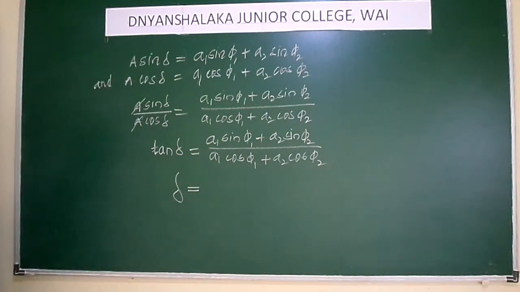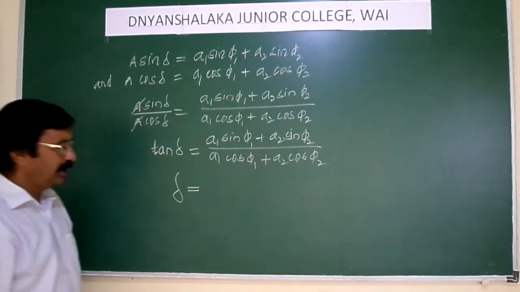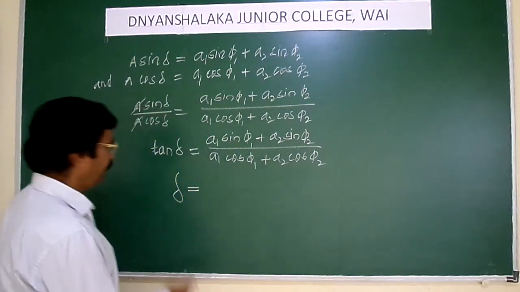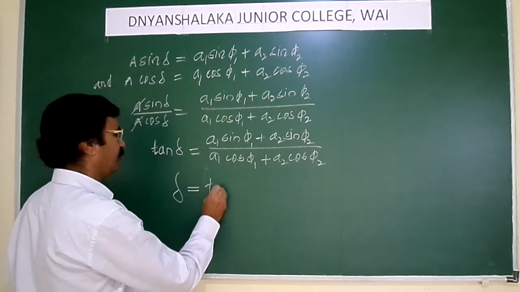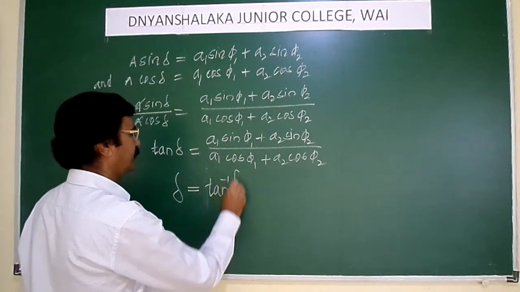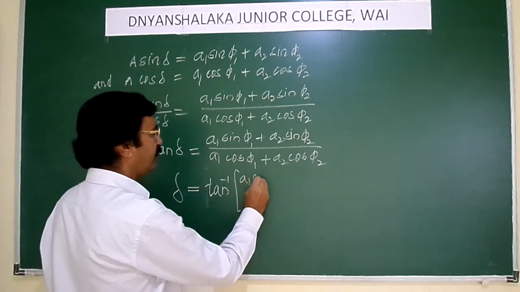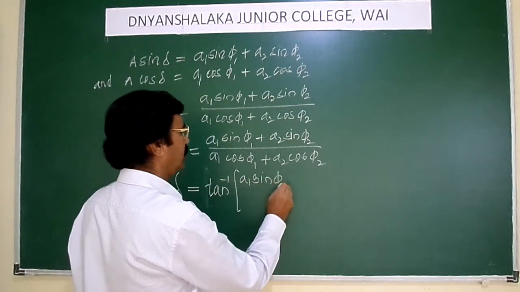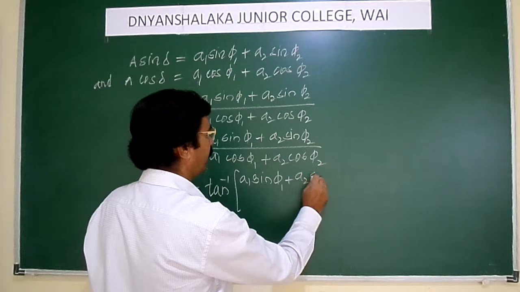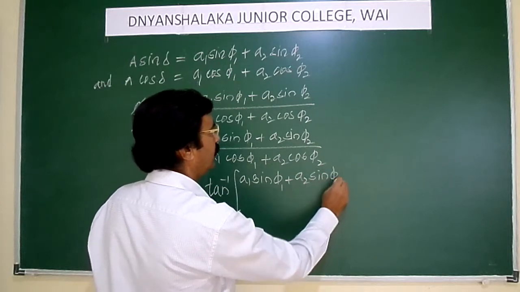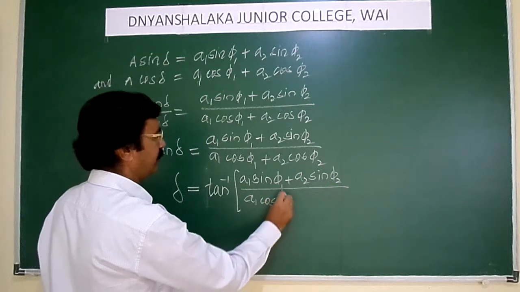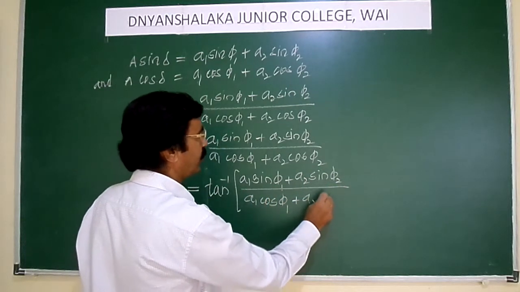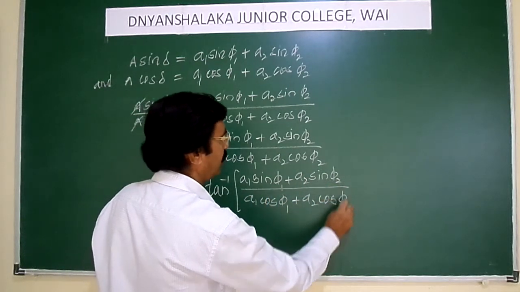And so the resultant starting phase delta for the composition of two SHMs in a resultant displacement is given as tan inverse of A1 sin of phi 1 plus A2 sin of phi 2 upon A1 cos of phi 1 plus A2 cos of phi 2.